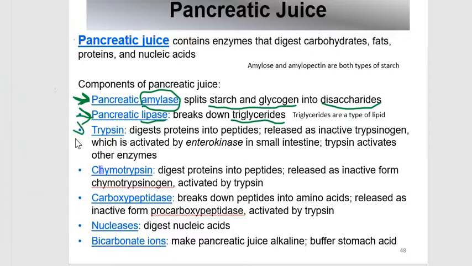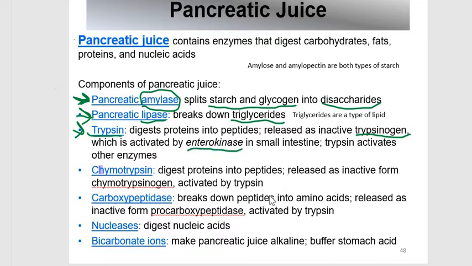Okay, trypsin. So understand trypsin is actually secreted as trypsinogen. So it gets secreted in an inactive form, and it has to get converted into trypsin. And interestingly, it doesn't get converted into trypsin until after the trypsinogen makes it to the small intestine. So understand this. I know it's kind of a strange sequence of events, but you've got the pancreas making trypsinogen, and then trypsinogen travels to the small intestine and gets converted into trypsin by a chemical called enterokinase.